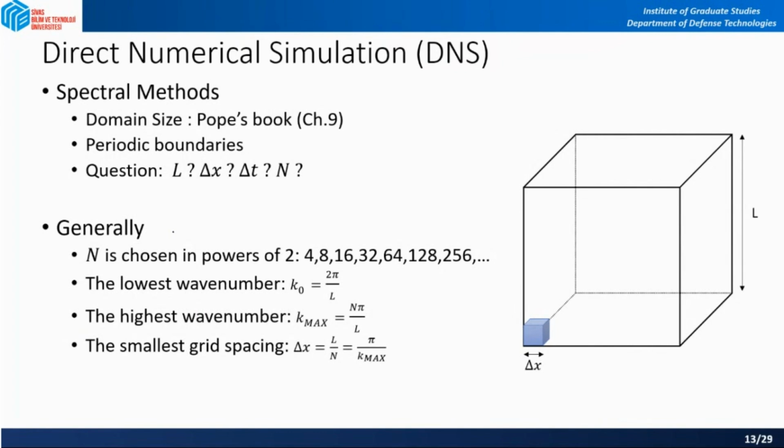The modeling is not working. 20 or 30 years ago, it could have been modeling first. So right now, we will cover DNS and LES first because they are much more important than modeling today. We have to be updated. And then we will see those details of modeling later.